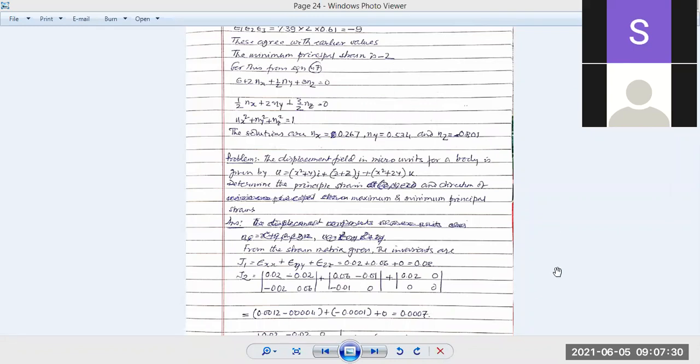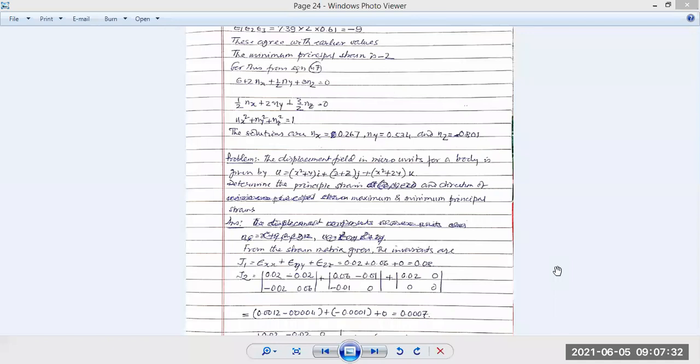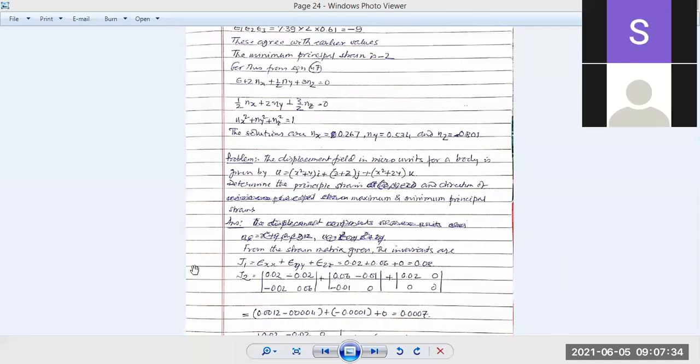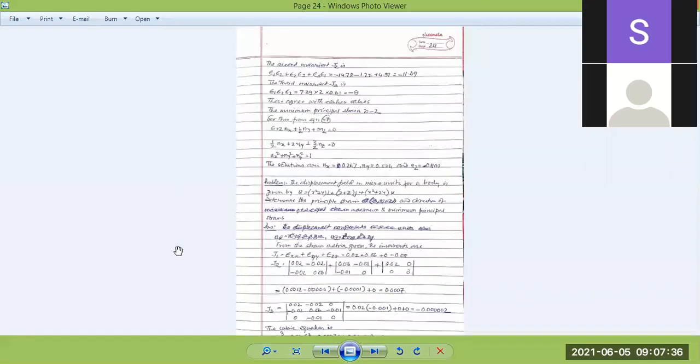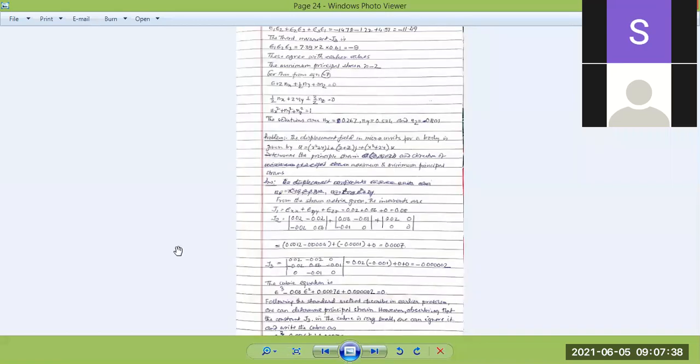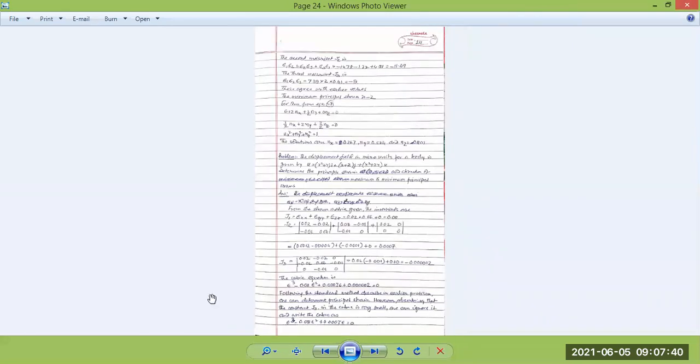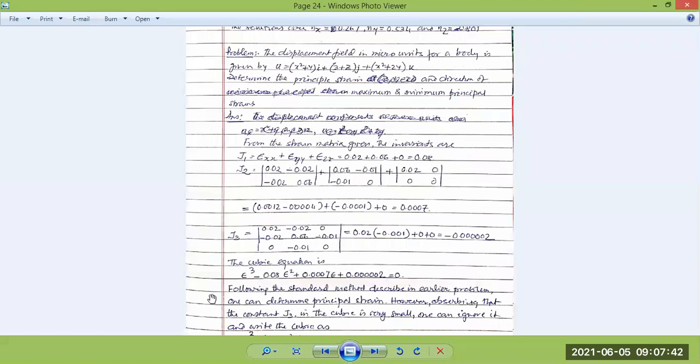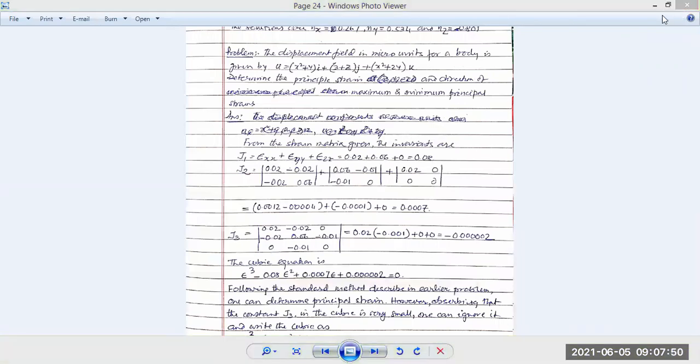The question is, what are J1, J2, and J3? J1 is given as Exx plus Eyy plus Ezz.